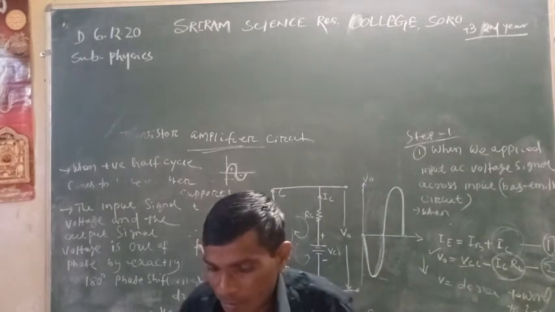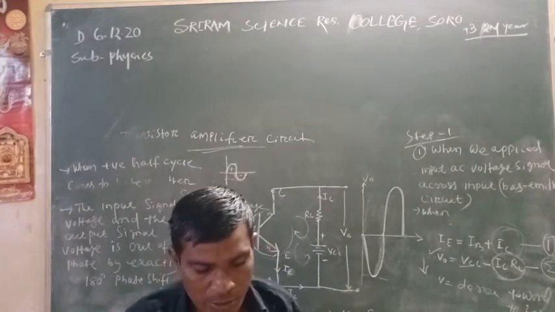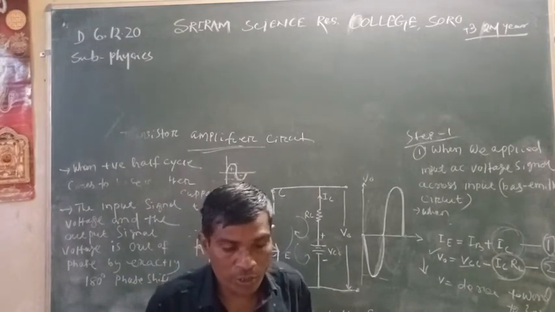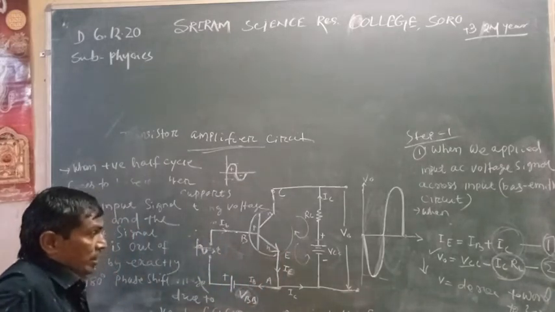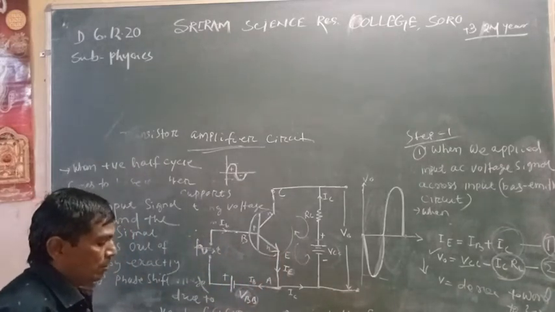Now this is the amplifier circuit. Now again we discuss the transistor as a two-port network.